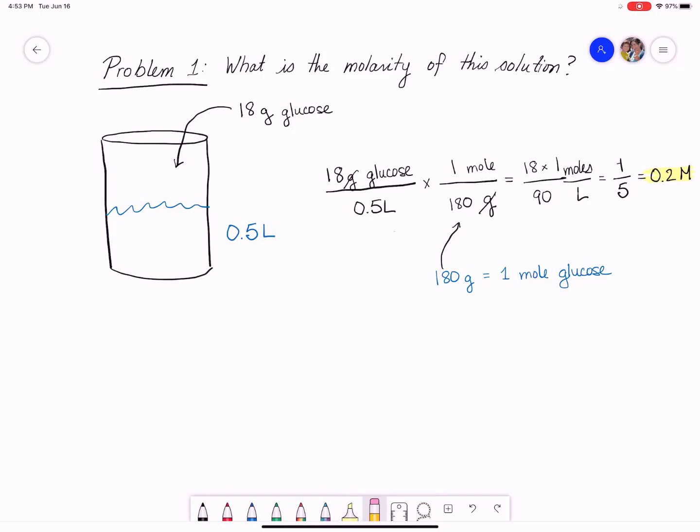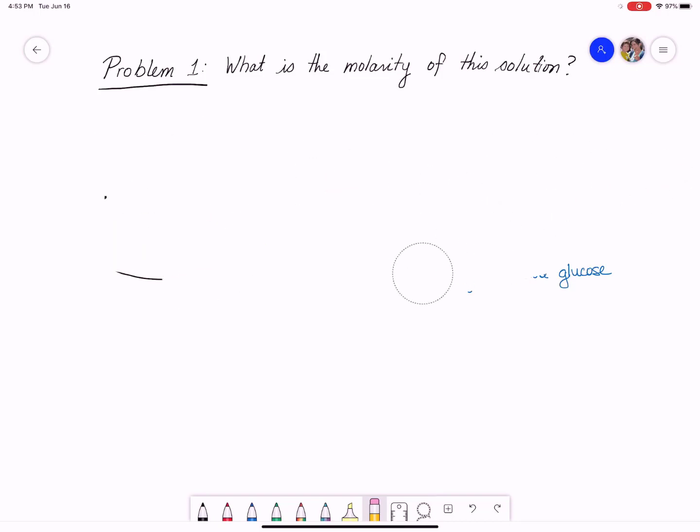Okay, the more challenging problem is actually presented in 2 different steps in your lab. I'm going to go ahead and do it all together. This problem says I have 6 milligrams of sodium chloride and I'm dissolving it in 100 milliliters of water. What is the molarity? Okay, so let's start with what I know.